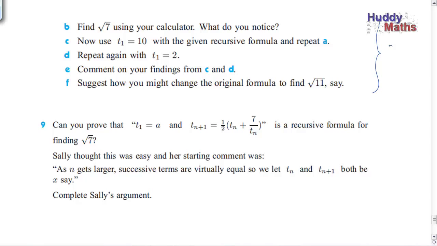This is interesting, this pattern of what's going to come out of this recursion formula of a(n) plus 7 over a(n), divided by 2. All right, now down here is a bit of a challenging problem.